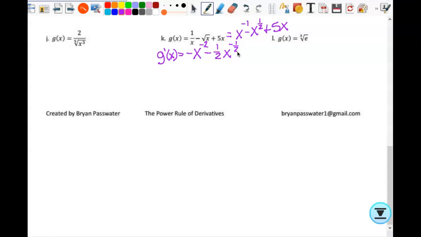Then this is an invisible 1. 1 times 5, so this is just 5. Do I do anything else? No. Okay, it's just 5. So then this becomes negative 1 over x squared minus, set up my fraction, then this x to the negative 1/2 ends up down there, and then plus 5.